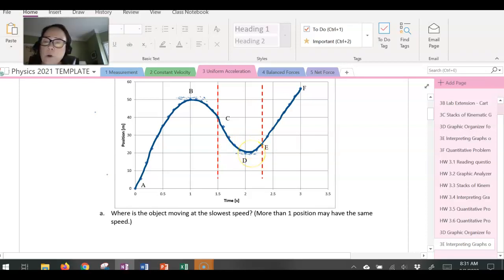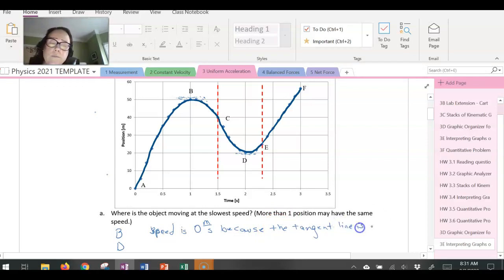I see another point would be at point D. So both of these points are places where the speed and the velocity, I guess, is 0, because the tangent line is horizontal.